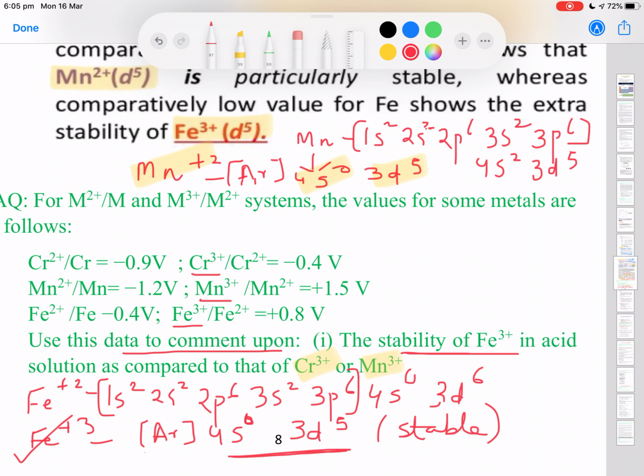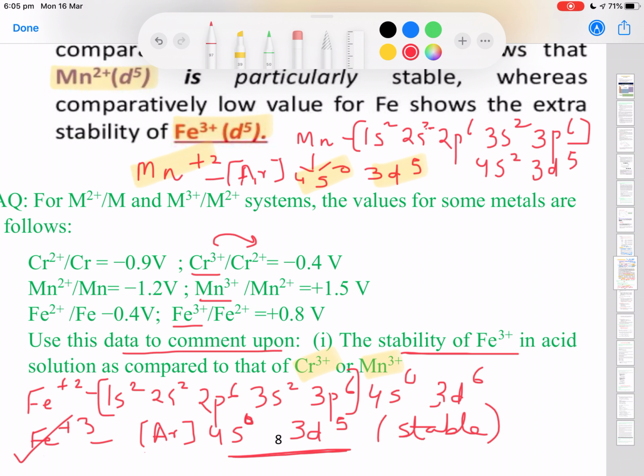So amongst these three, which species has more value of reduction potential? Again, it's a reduction potential. Hopefully you can understand from the data, because 3 state is getting reduced to 2. So it's a reduction potential. Out of these three, I found that chromium 3 plus has a negative value of reduction potential.